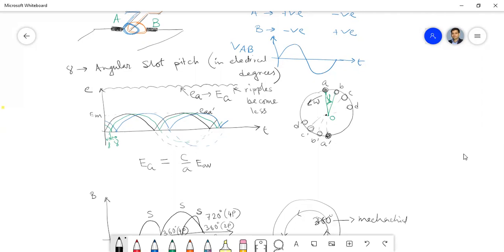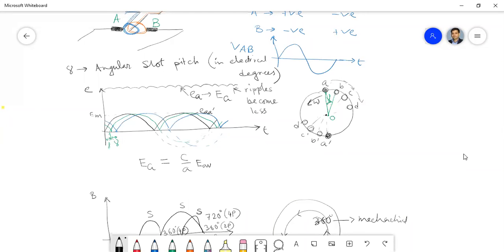This type of winding is called distributed winding. One coil is in A prime, another coil is in B prime. Not all the coils are wound at the same angular position. They are distributed along the angular positions along the periphery of the armature. So this type of coil is called a distributed coil.